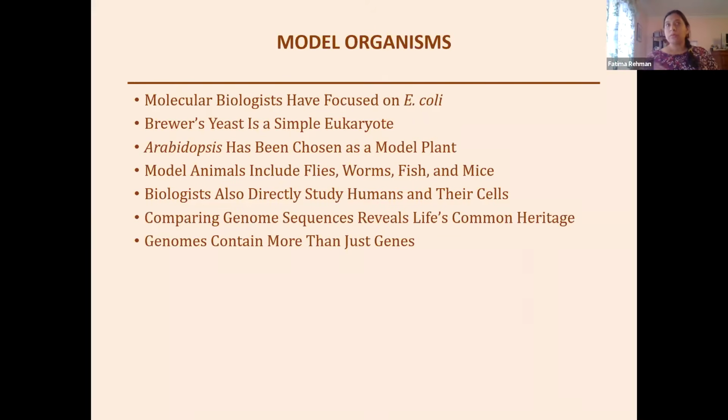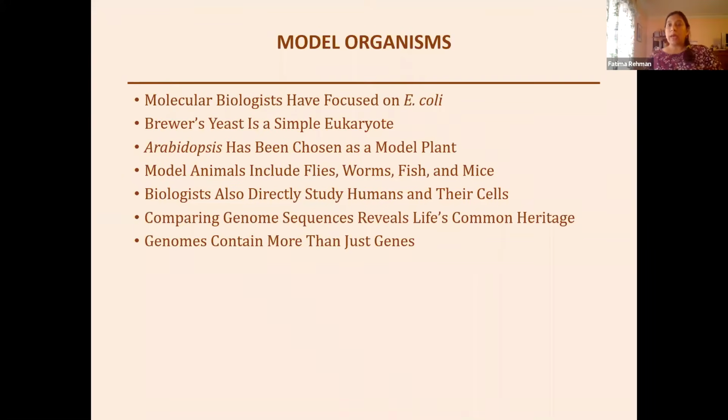In vitro literally means in glass, but essentially it is in a lab setting. So we do that by taking cells from humans, from various organs, from various systems, growing them in culture plates, growing them in flasks, growing them on slides, and running our experiments in a very controlled setting.